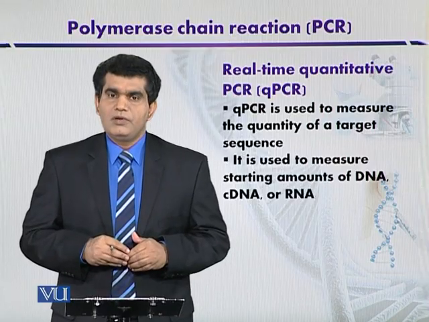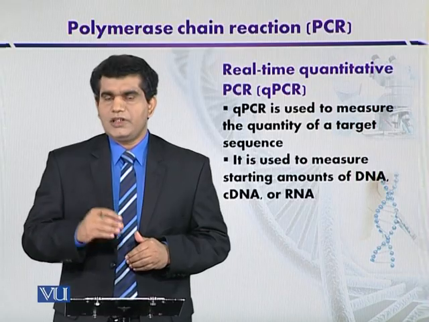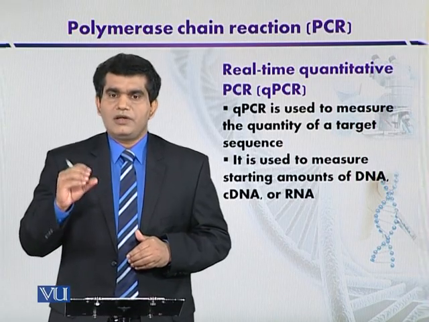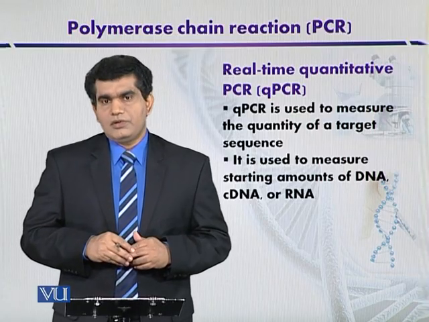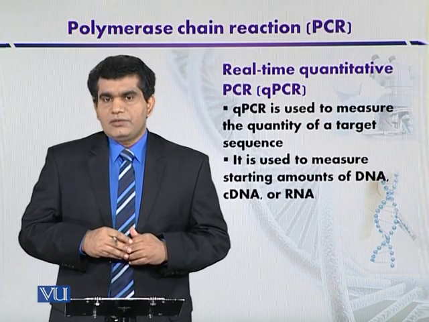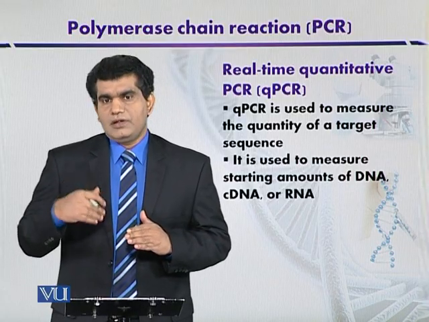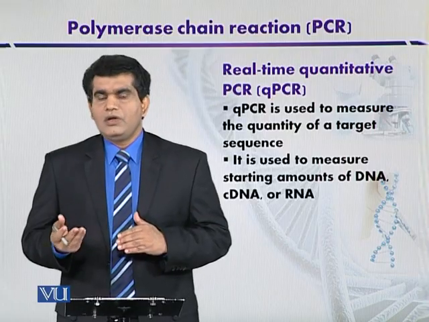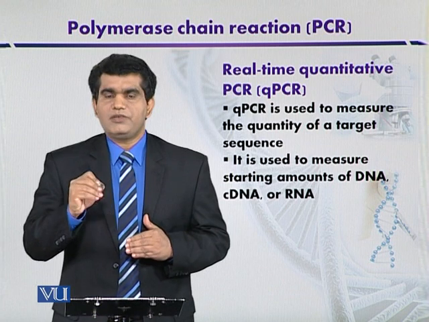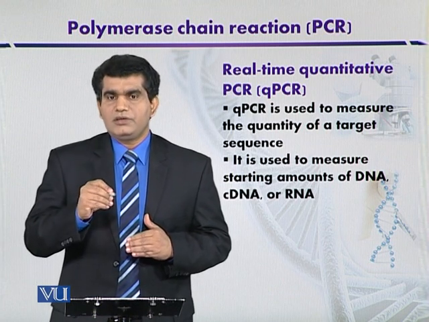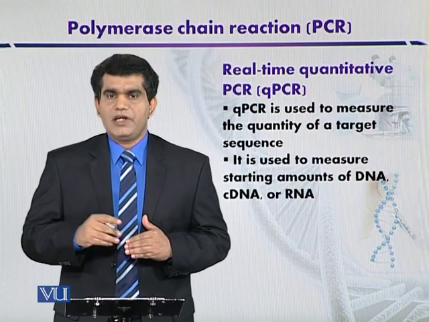If you remember, probes are oligonucleotide fragments of nucleic acid that can be used to detect the target genes in the sample. So in this case, this DNA probe is labeled with two dyes, a reporter system. At the 5' end of the probe, a fluorescent dye is attached, and at the 3' end, a quencher dye is attached.